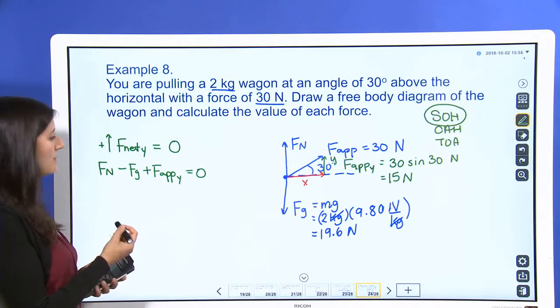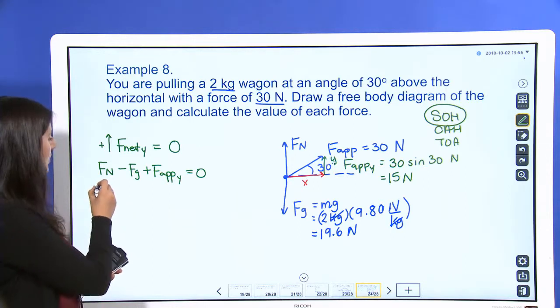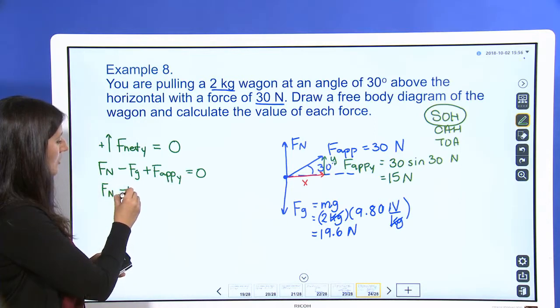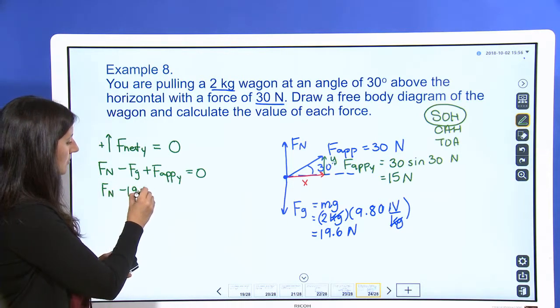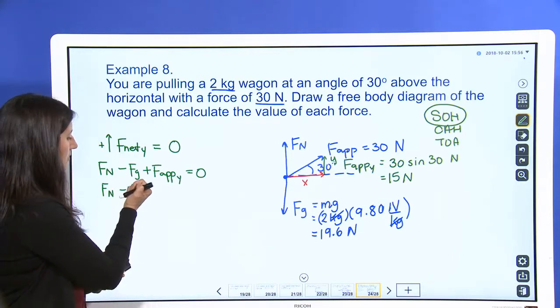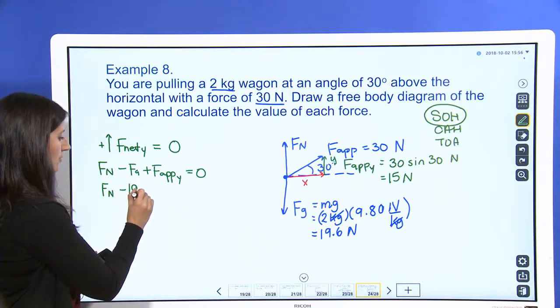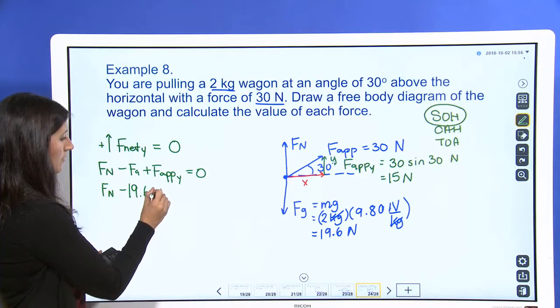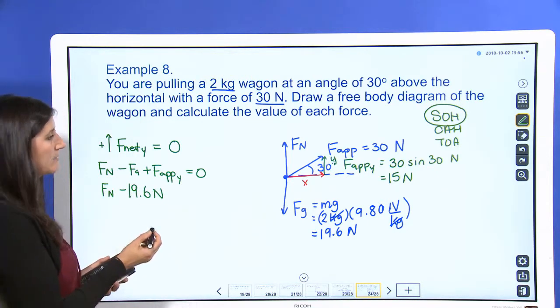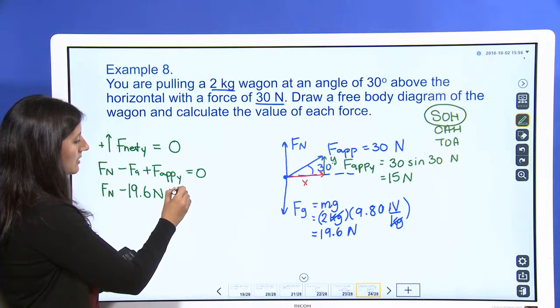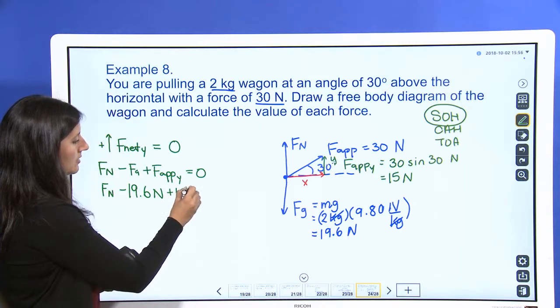So let's put in all the values. My normal force is what I'm looking for, so I'll keep that as it is. My force of gravity is 19.6. And my F applied y is 15 newtons, and it's pointing upwards, so it's positive. 15 newtons.